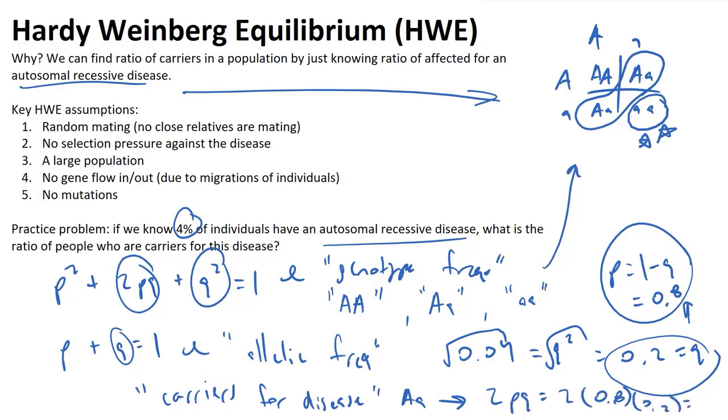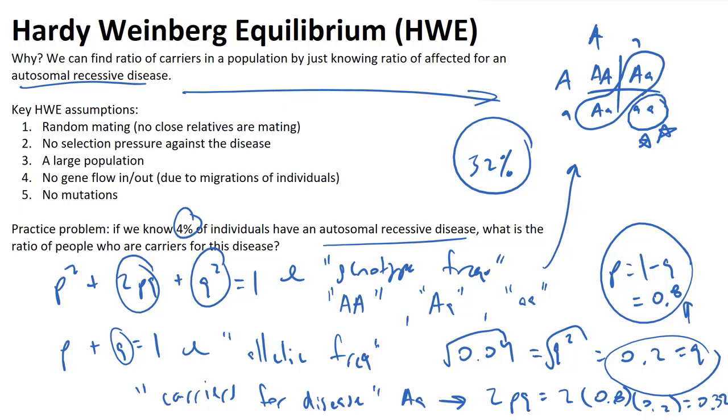If you do the math here, 0.8 times 0.2 is 0.16, times 2 is equal to 0.32. Sorry, that's off the board. But basically, what comes out of this is we can now say that 32% of our population are carriers for this disease. Now, this is the key point to take home. You can also ask other questions here, but I think the percentage of carriers in your population is usually the most interesting thing that people want to know.